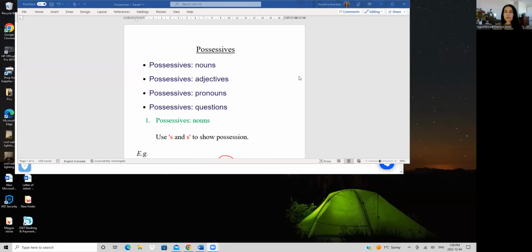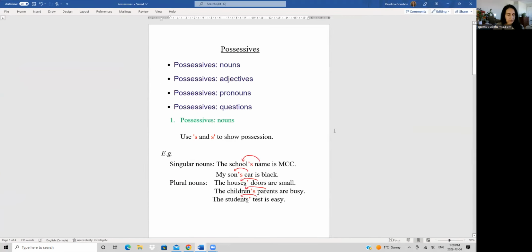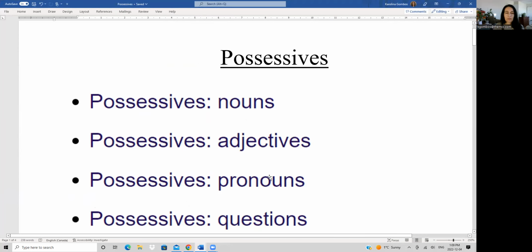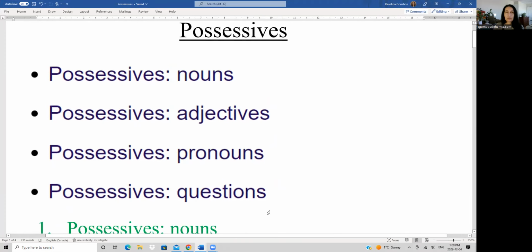Today, I will share my screen, and so we will learn about possessives. Here, everybody can see the possessives. I will talk about four different things, from the British Council.